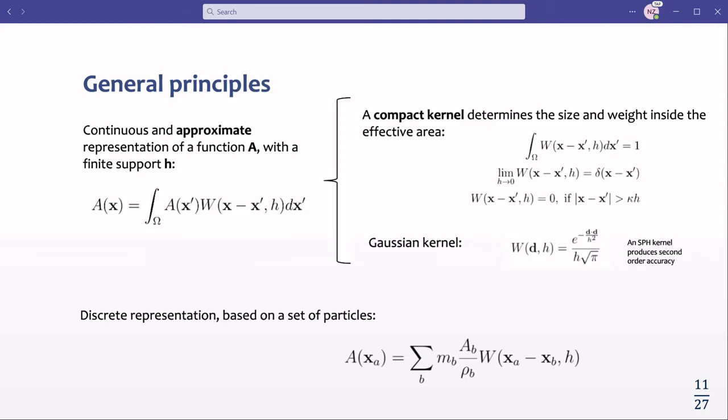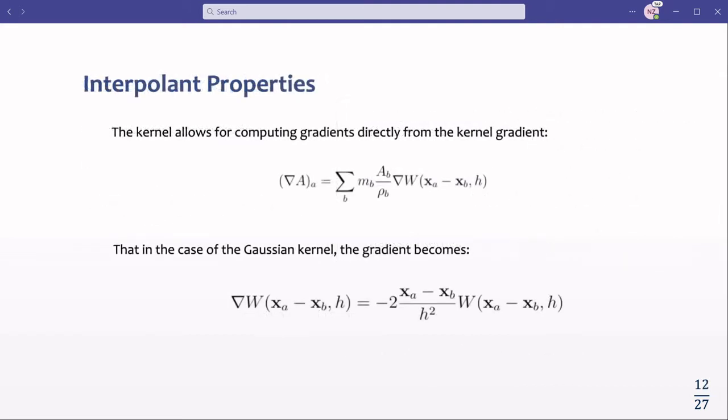But before going there, let's talk about some properties of this interpolation. So this kernel, and this expression, allows for computing gradients directly, taking gradients in the kernel and not in the variable. This is a huge advantage that SPH has compared with other methods that also need the gradients.